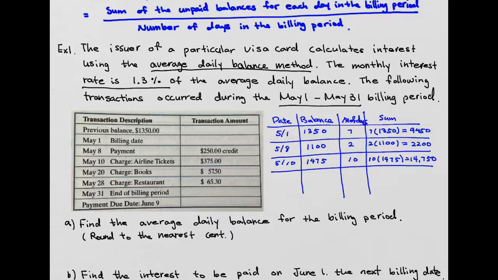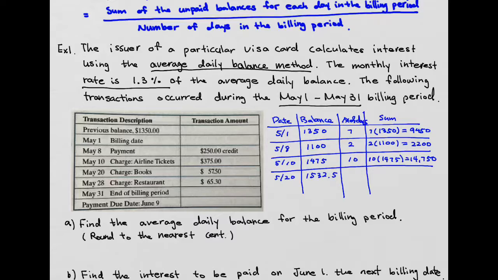And when you find the next transaction on the chart, after 10 is the 20th, right? You spend 57.5. So when you add that, you get 1,532.5. For how many days?